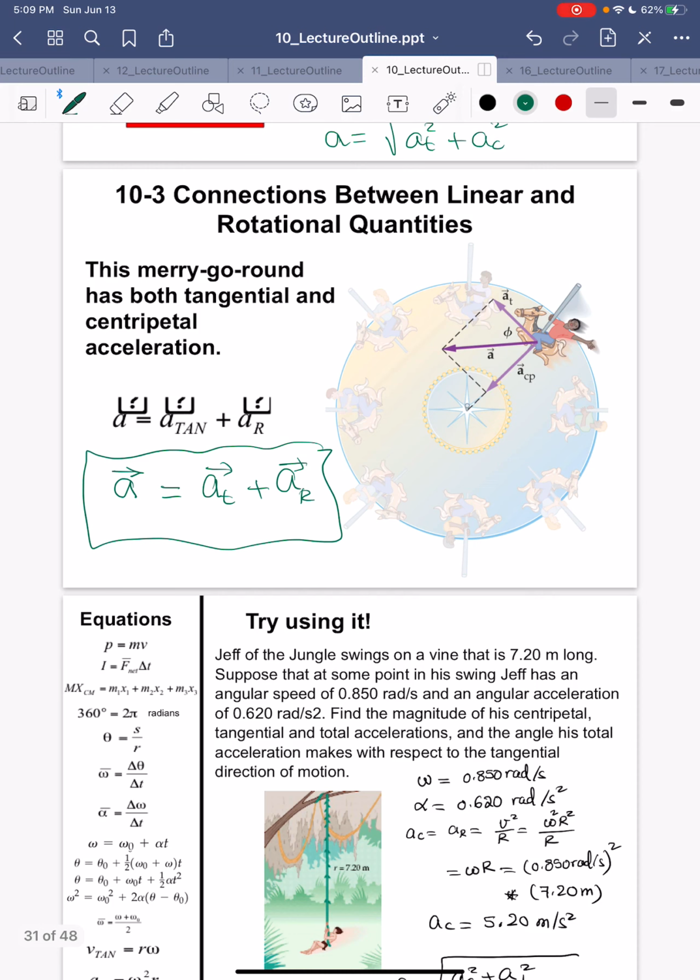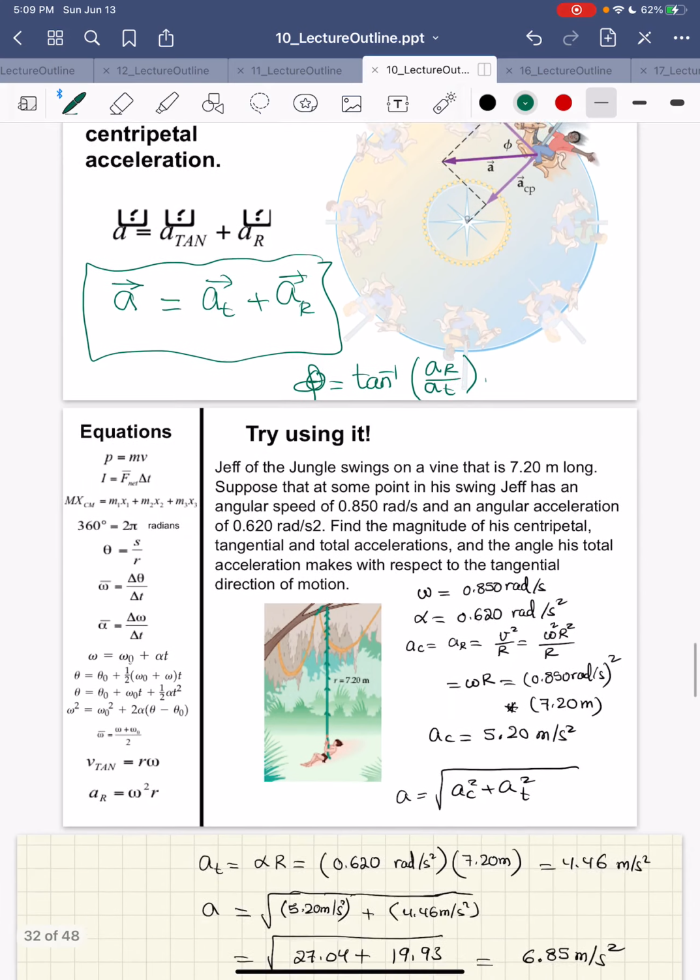And of course, I can also calculate theta, the angle that it makes with any of the axes, or phi here in the diagram. Tan inverse, in this one here, is going to be AR over AT. This is how we calculate the magnitude and direction of the total acceleration.